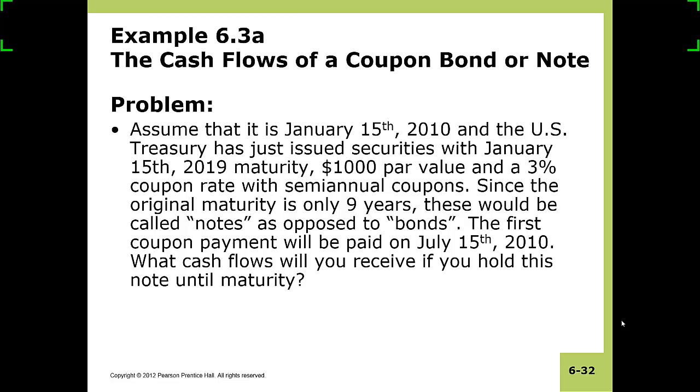How much would you get paid every 6 months? It's a $1,000 bond, 3% for a year, so you're actually only getting 1.5% every 6 months. So you're getting $15 every 6 months, and at the very end, you're going to get $1,000 plus the $15 that is due at the very end. If you want to pause now and go to problem 8, you'll see that in that other recording.